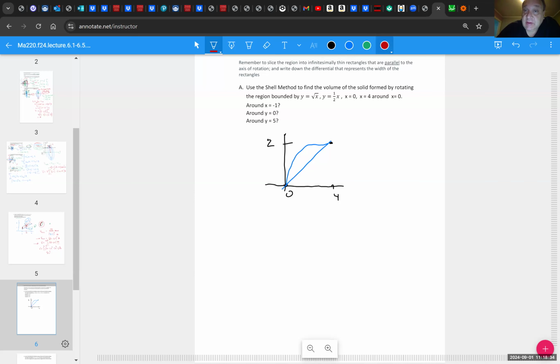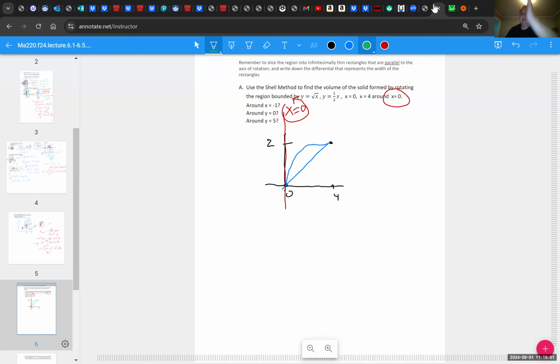Well, the first one is x equals 0. X equals 0 is right here. It also represents a line, and the line is where x equals 0, which is also called the y-axis. So this is x equals 0, and we're revolving around that axis right there. Now, to use the shell method, we must slice our region with a rectangle which is parallel to the axis of revolution.